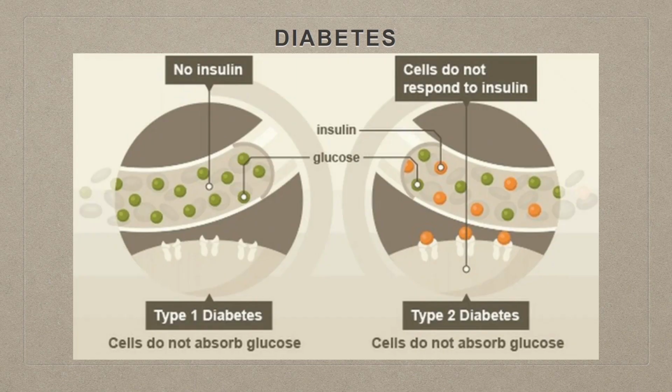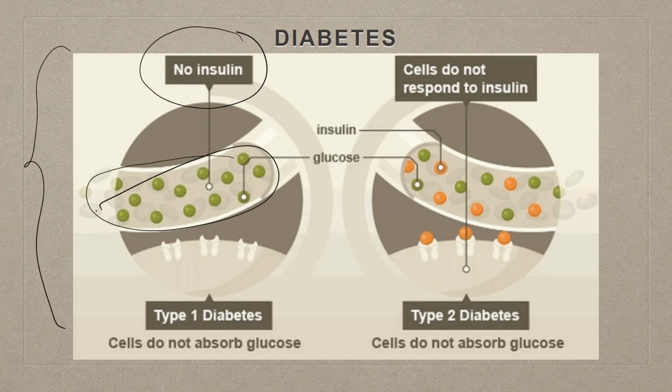Now, when we talk about diabetes, then we are talking about a situation where there is no insulin production. If there is no insulin production, then the glucose in the blood is extremely high. So, you need to inject. Cells do not absorb glucose.